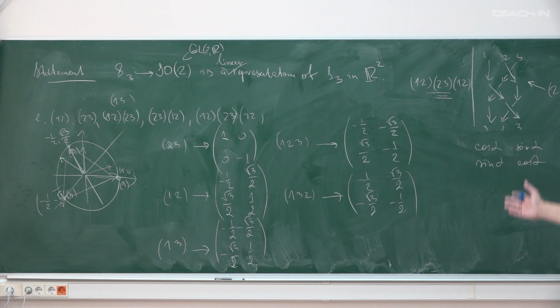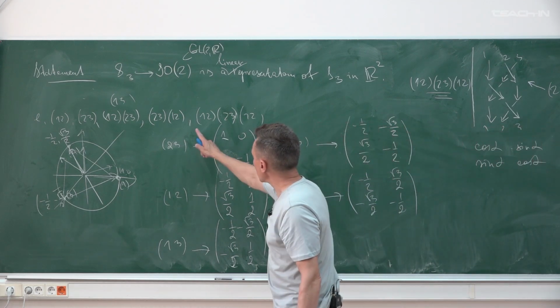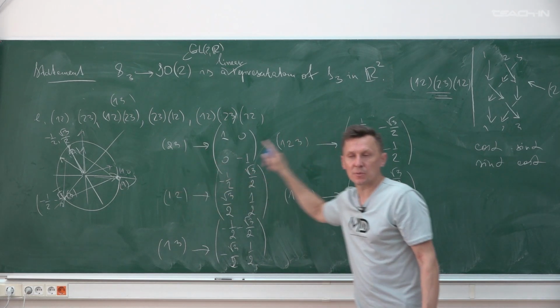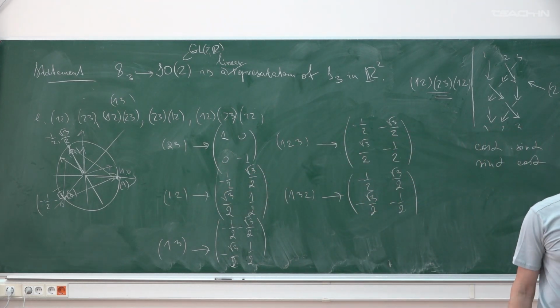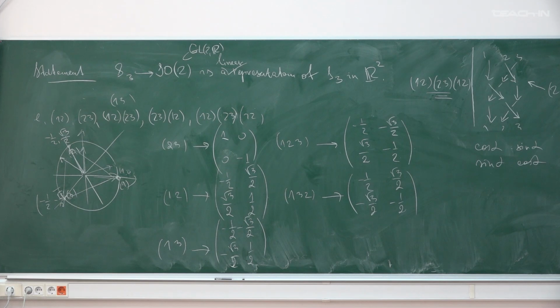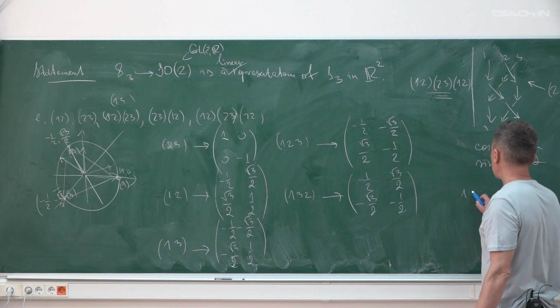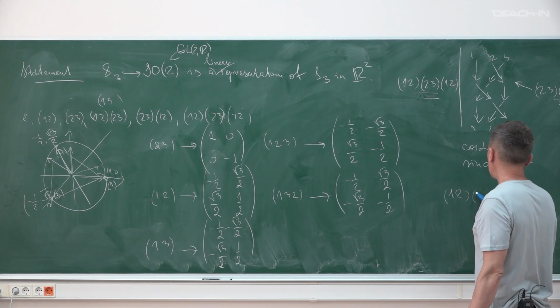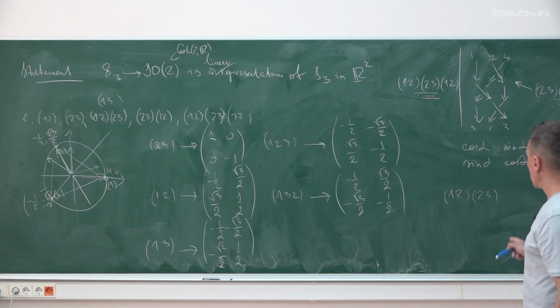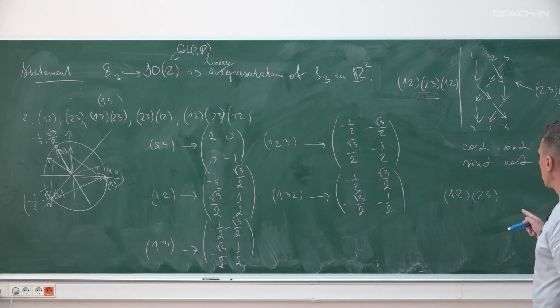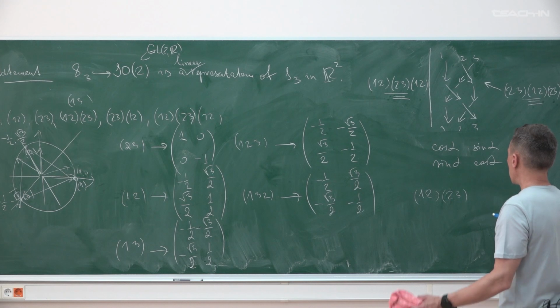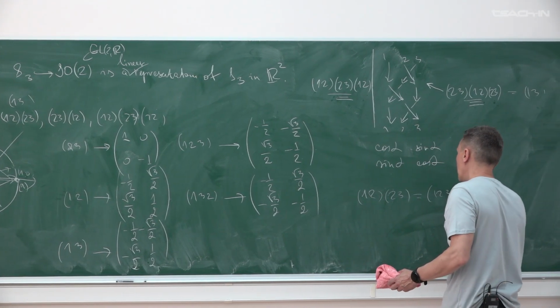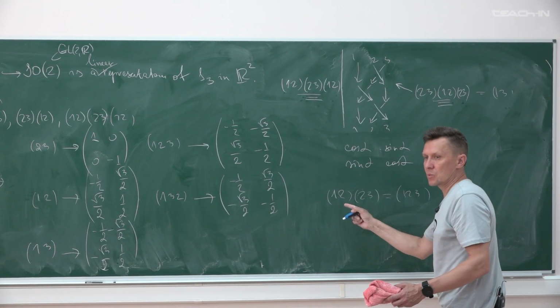So now you have all the matrices. Maybe it's even simpler to multiply a pair of these matrices to obtain this one. You remember that 1, 2, 2, 3, 3 to 1 is equal to 1 to 3 in the symmetric group.